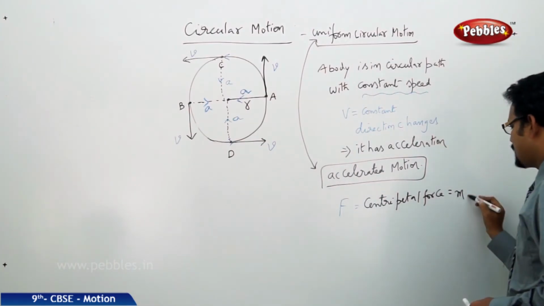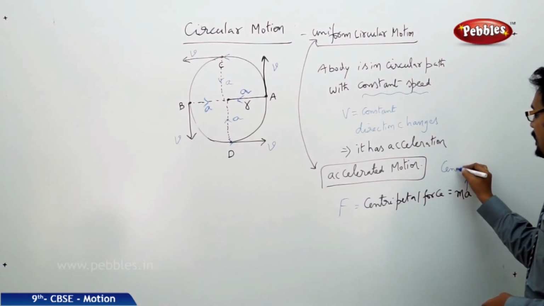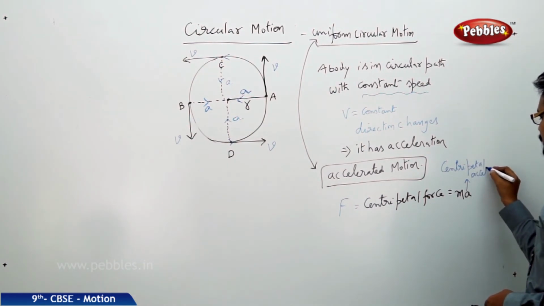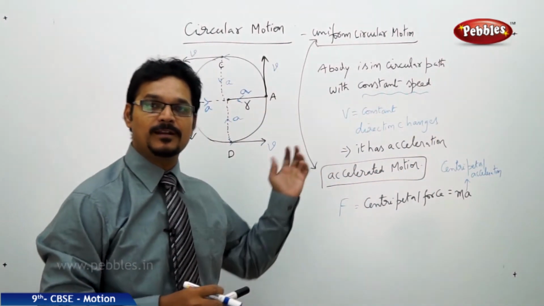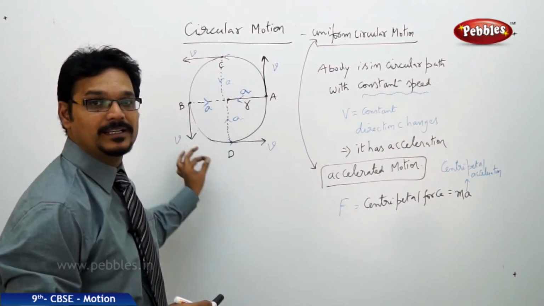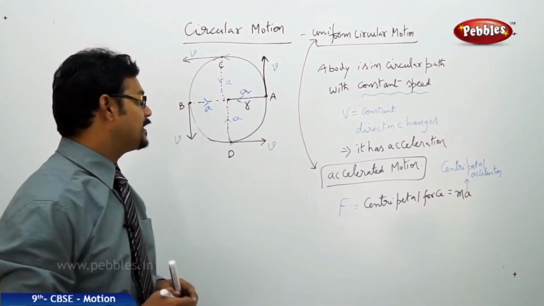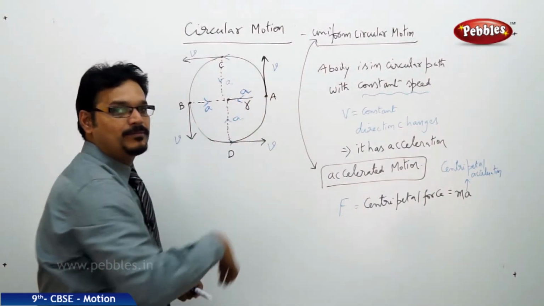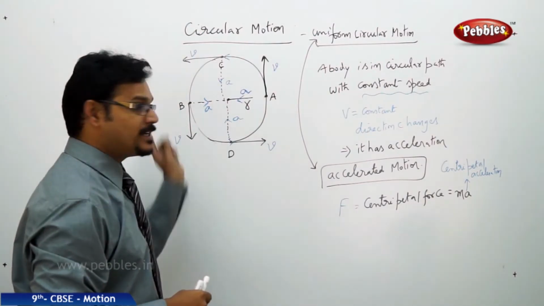And its formula is mass into acceleration only. So that's why you can say this acceleration is called centripetal acceleration. This force actually pulls the body in the circular path at each and every point on the circle. That's why the body is in the circular path. Suppose the centripetal force stops working here at the point A. Now the question comes, where does the body go? Is the body in the circular path?